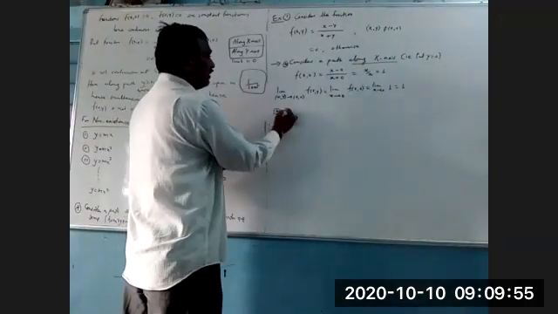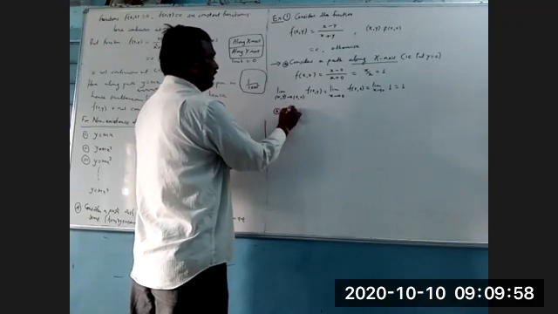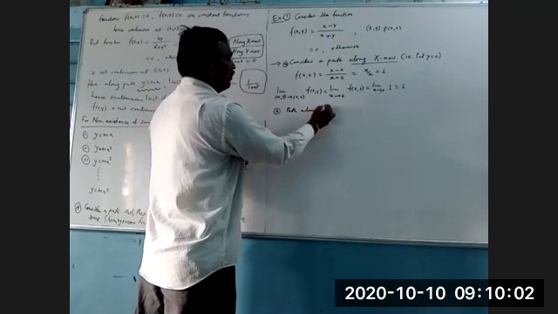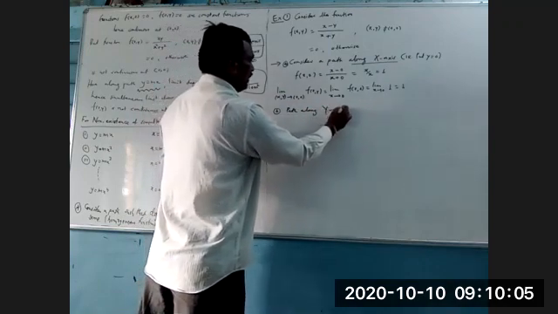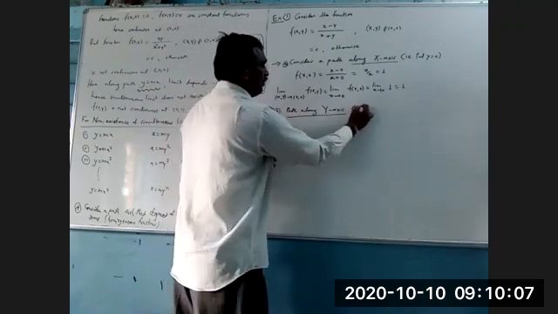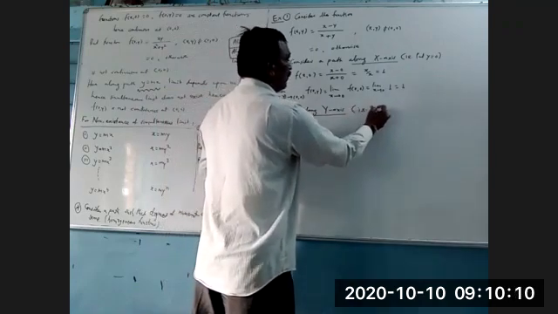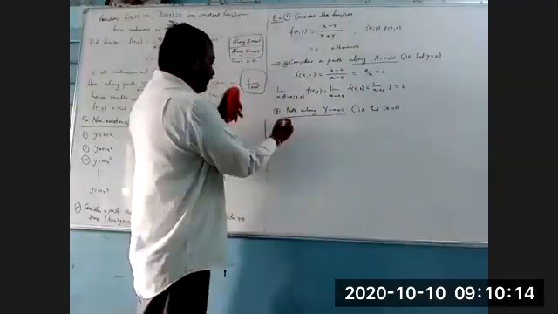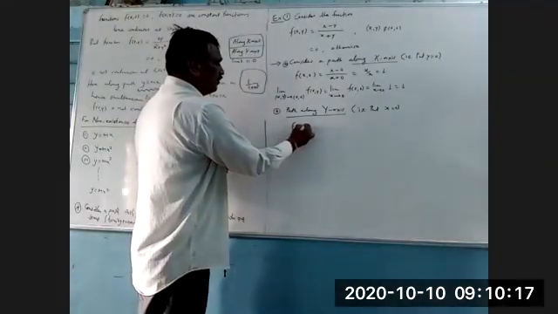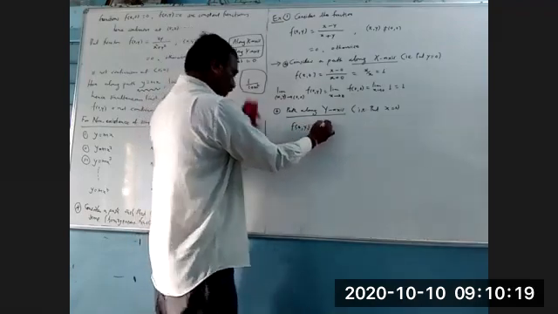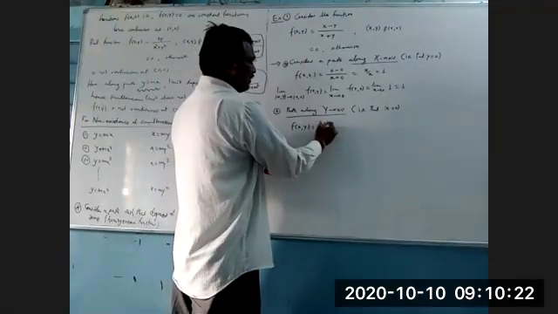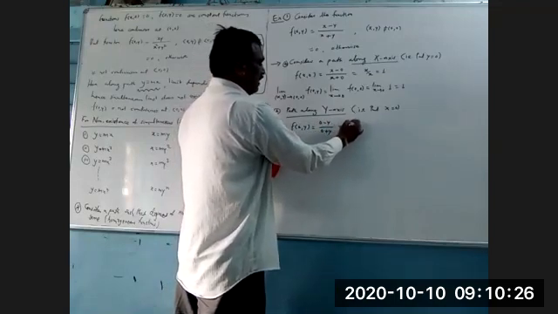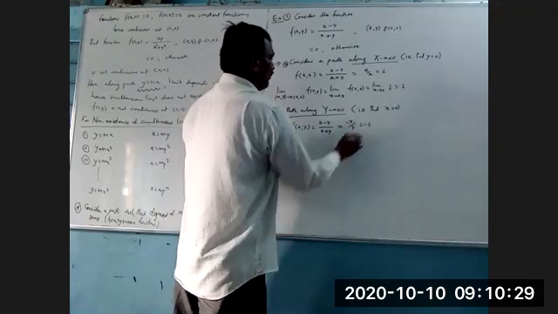Now consider a path along the y-axis. That means we have to put x equal to 0. Now we have 0, y. Therefore it will be 0 minus y upon 0 plus y, so this value is minus y upon y, that is minus 1.